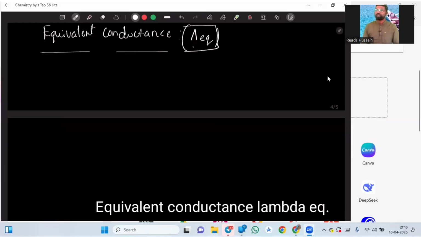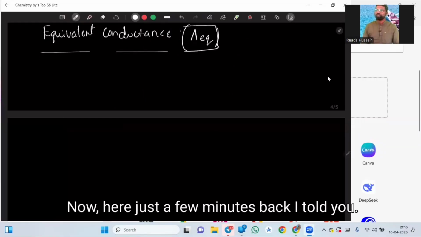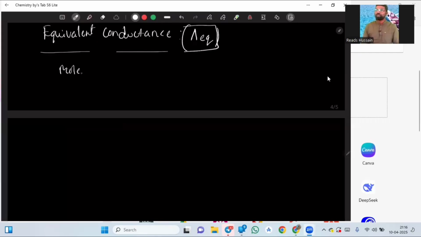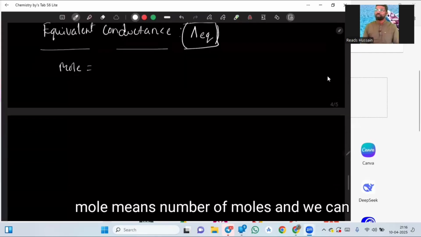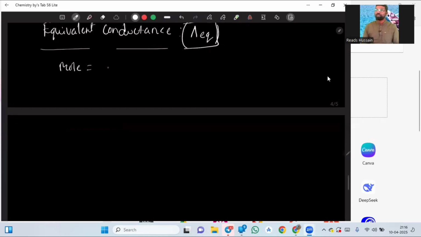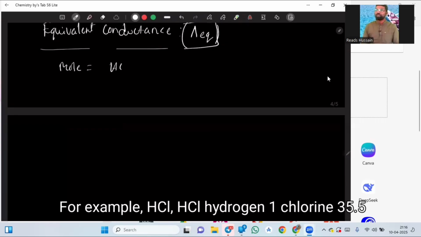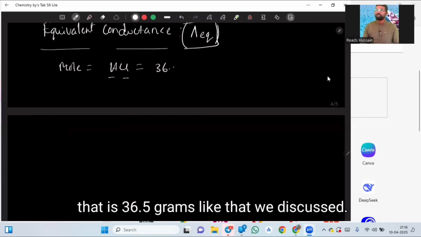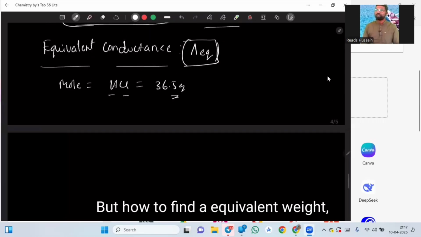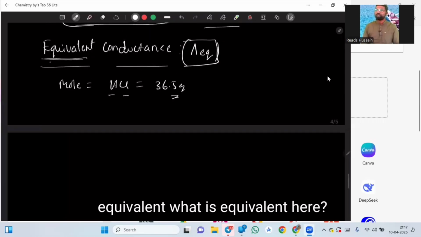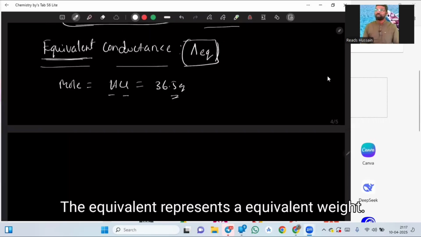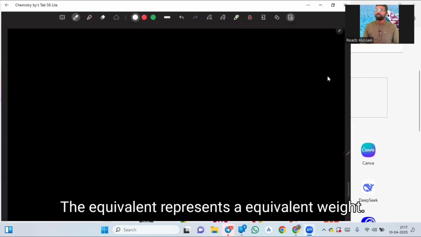Equivalent conductance lambda eq. Now here, just a few minutes back I told you mole means number of moles, and we can calculate gram molecular weight and all we have discussed. For example, HCl: hydrogen 1, chlorine 35.5, that is 36.5 grams, like that we discussed. But how to find equivalent weight? The equivalent represents equivalent weight.